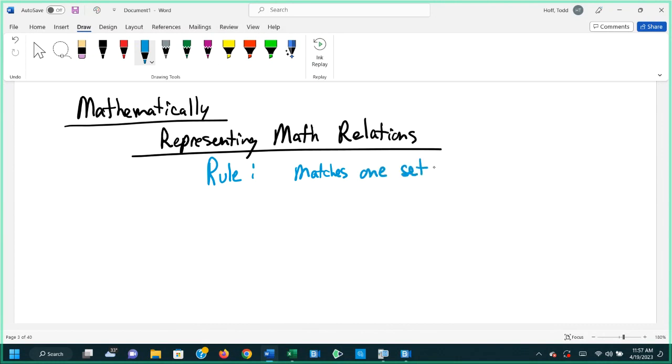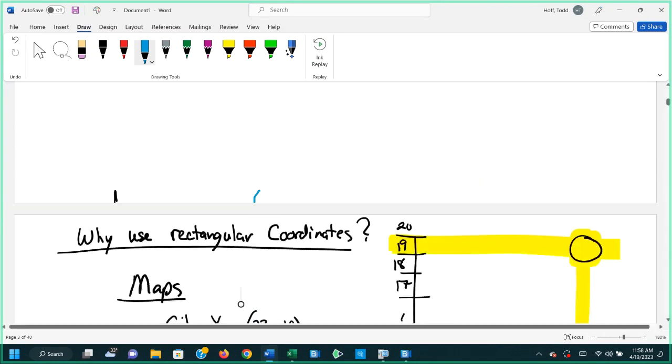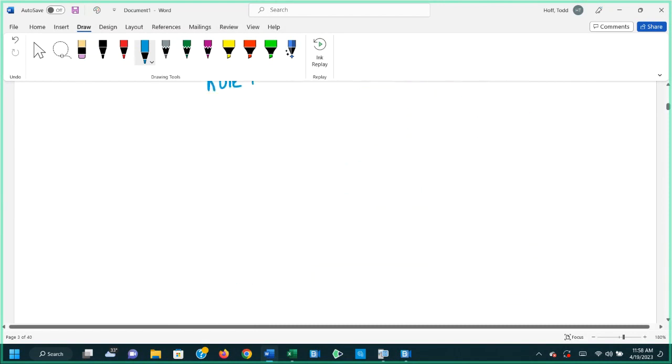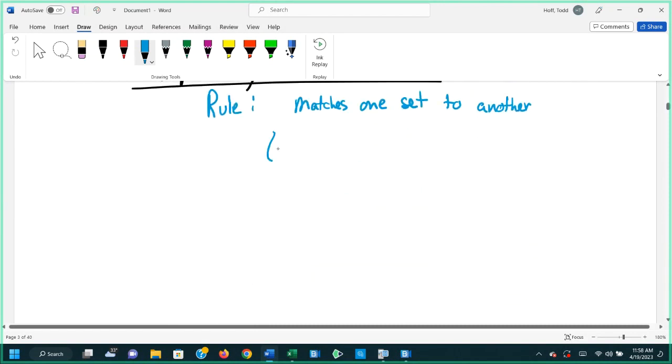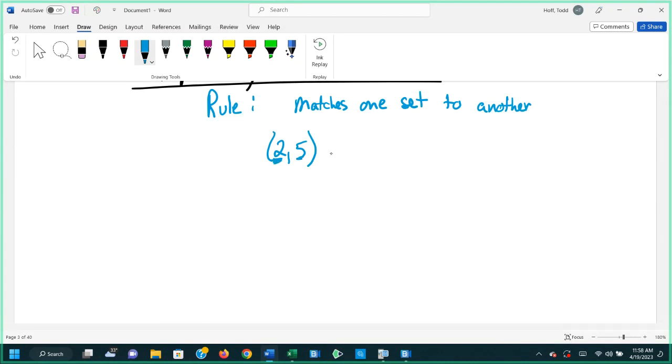It doesn't even have to be sets of numbers, but for what we're going to do, it's going to be. Our ordered pair is actually an example of a relation. It was saying with 2 classes, you had 5 credits. That is linking the number of classes to the number of credits.